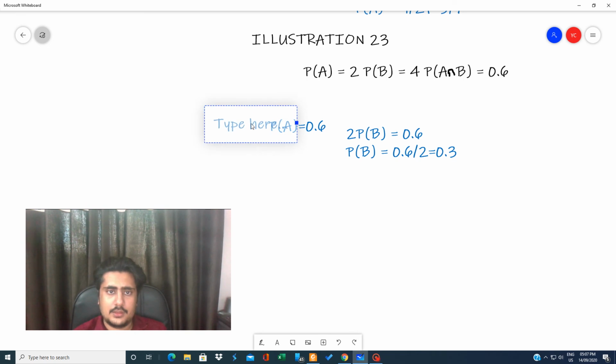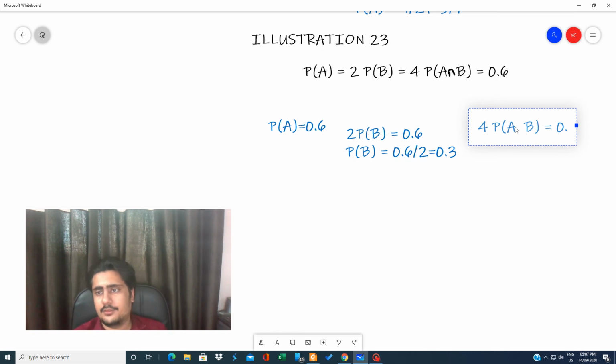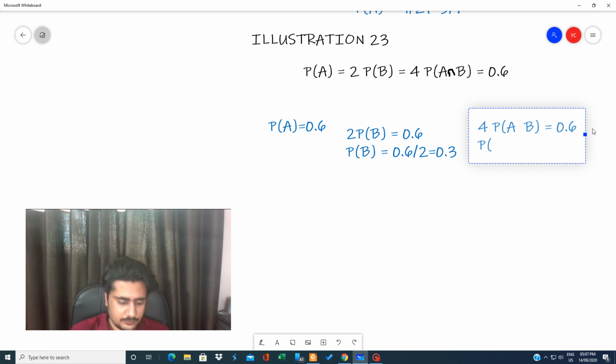Then 4 P of A intersection B is 0.6. Therefore P of A intersection B is equal to 0.15.